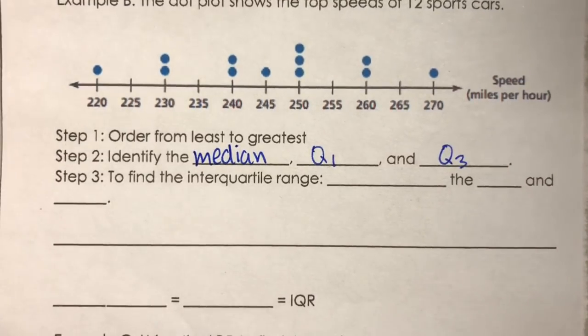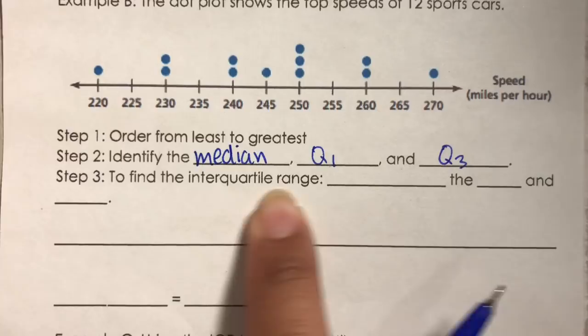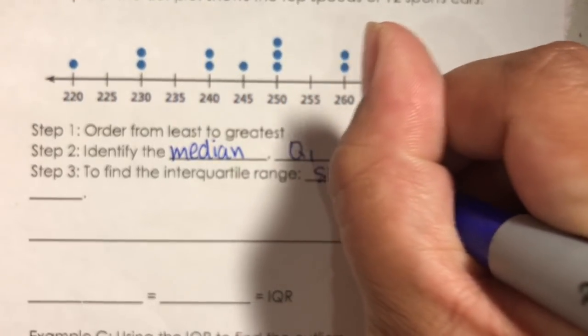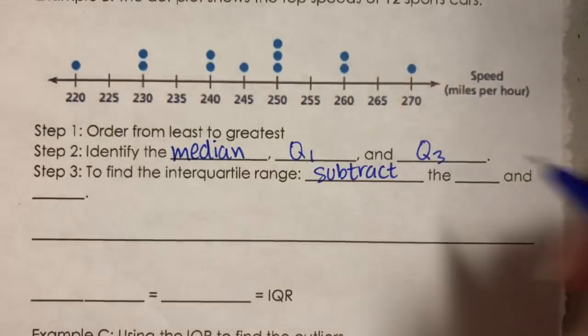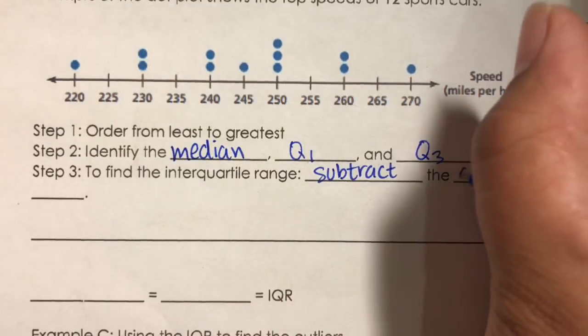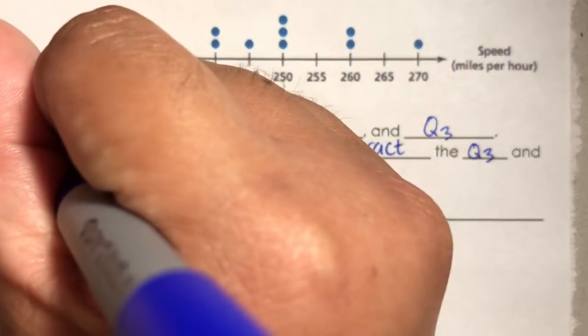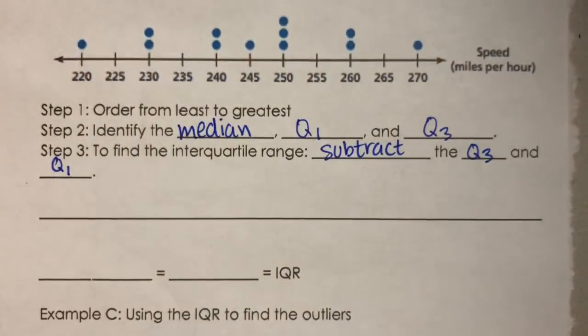Okay, so step 3, to find the interquartile range, we need to subtract our Q1, our first quartile, from Q3, or the third quartile.